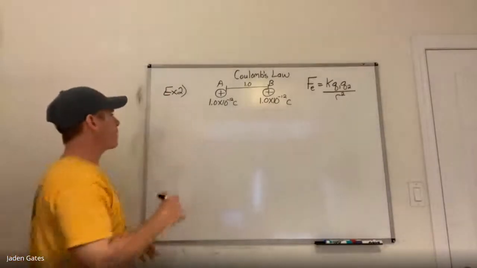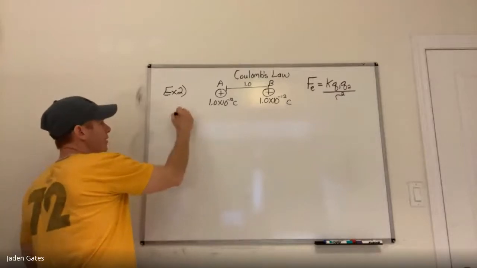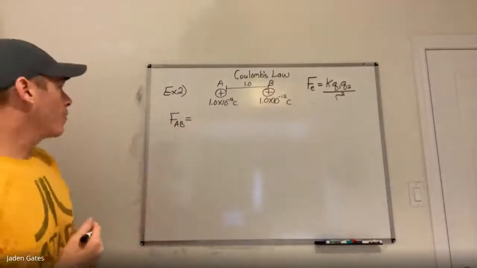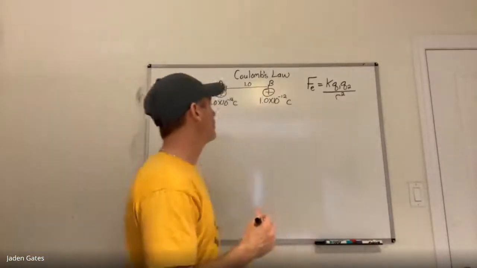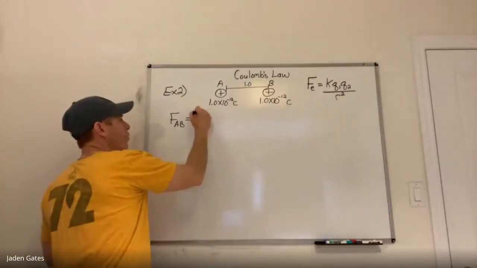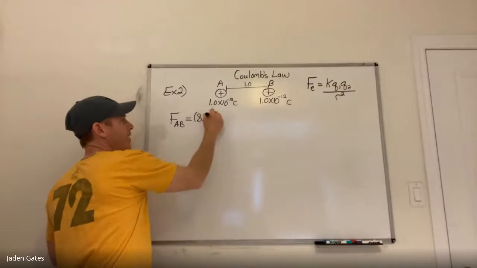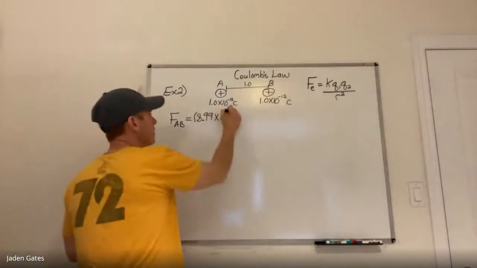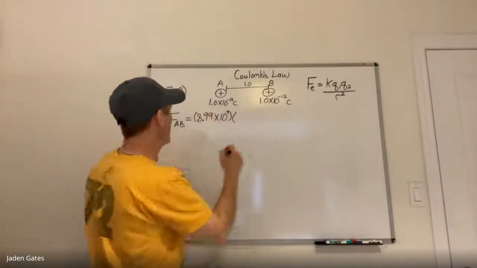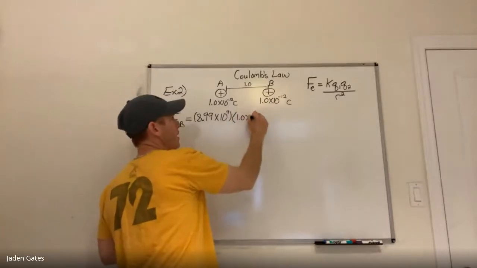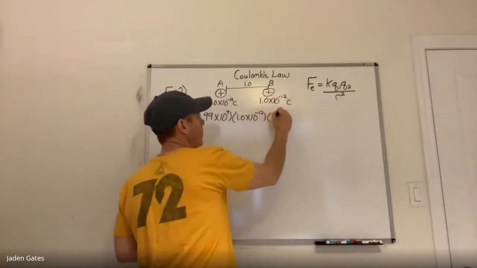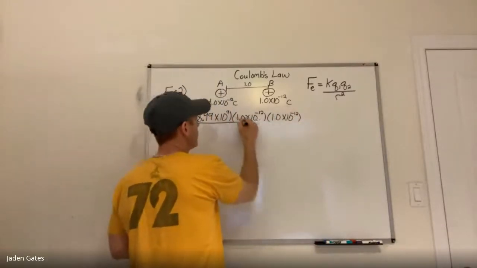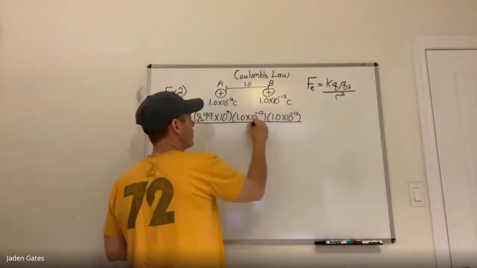So, for instance, I'm going to look at the force on A by B. And for that force, I'm going to use Coulomb's law, where we have our k value, which is a constant, 8.99 times 10 to the power of 9, I believe. I don't have all these memorized. And our two charges: we have a 1.0 times 10 to the negative 12, and a 1.0 times 10 to the negative 12. And of course, down below, I have a 1 squared.